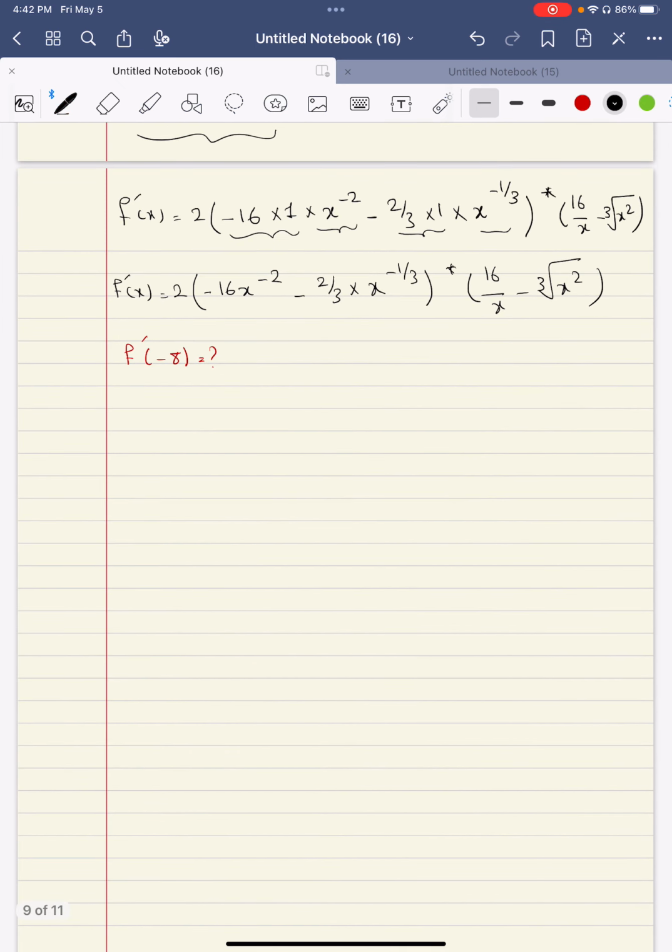So let's put negative 8 and replace it with x in here, right? If we do that, we can find the answer.